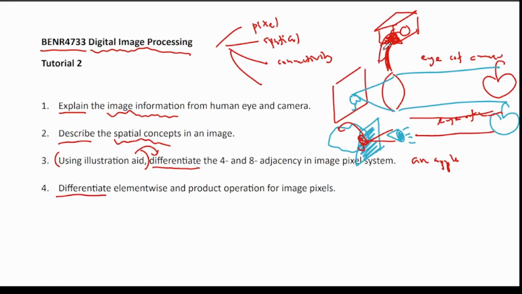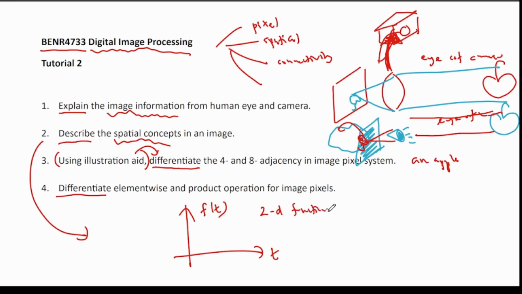so the second one is describe the spatial concept in an image. Okay, so the spatial concept is gained by defining things from, for example, a time domain. Okay, so this will be the 1D function, right?